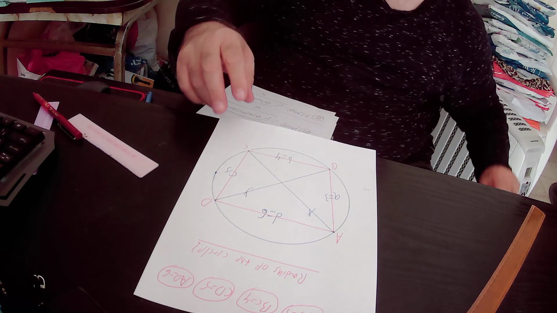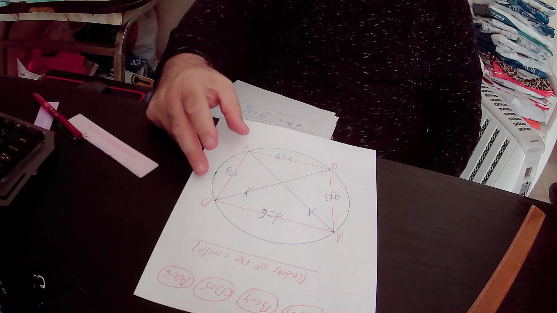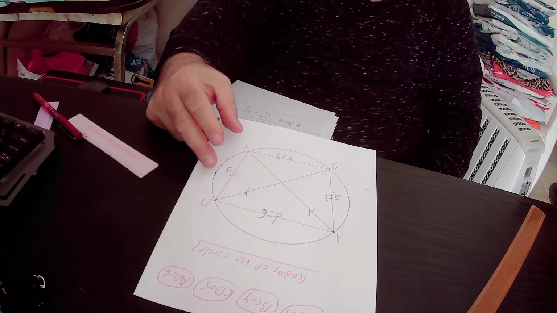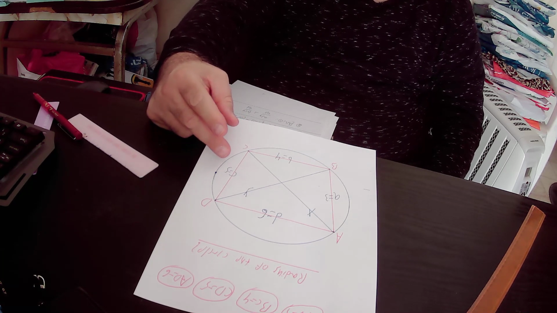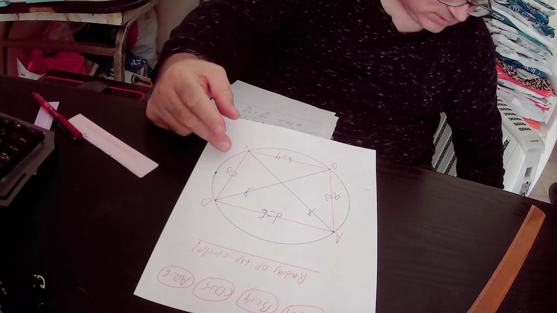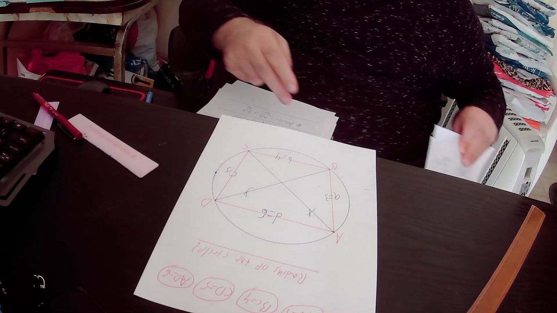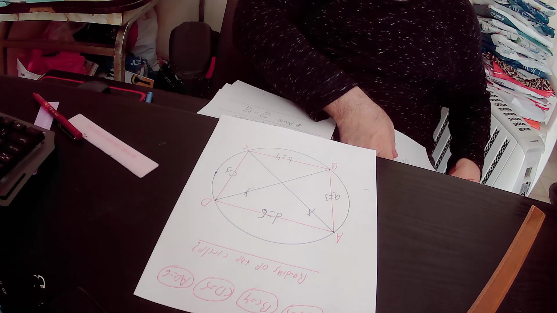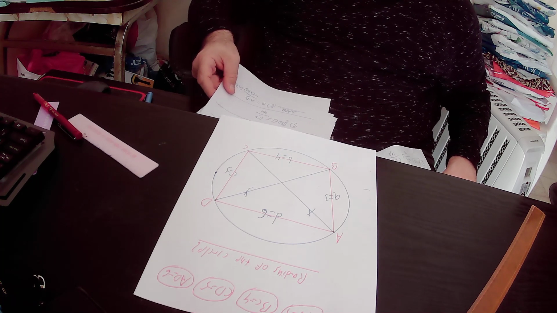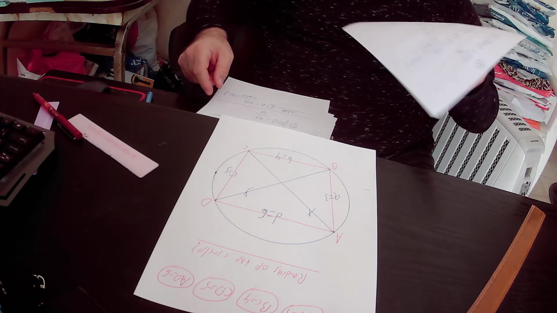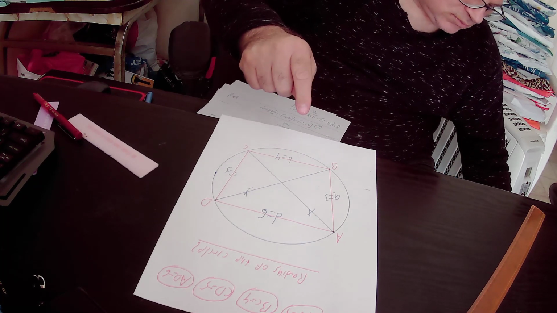And side CD of quadrilateral ABCD equals 5 units, therefore we define side CD as C, and therefore C equals 5 units. And we also know that side AD of quadrilateral ABCD equals 6 units, therefore we defined side AD as D, and therefore D equals 6 units.